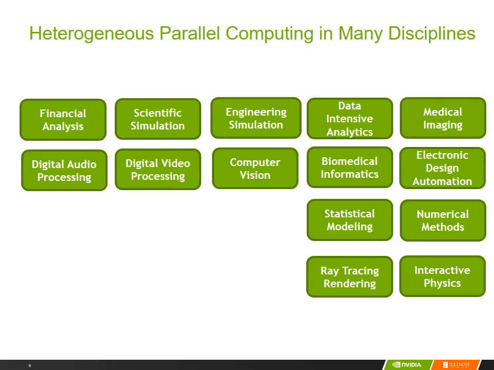These disciplines cover many of the high-value applications that we currently have in our society, including data-intensive compute analytics, biomedical informatics, medical imaging, financial analysis, and so on. So I highly recommend that students who are interested in using heterogeneous parallel computing for their own applications look into articles of interest in these volumes.